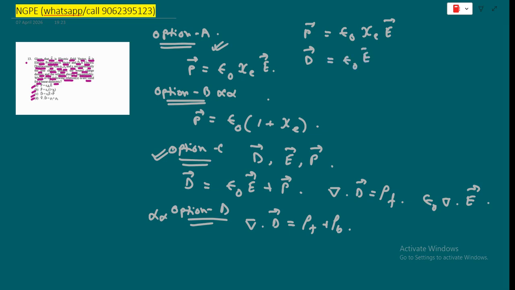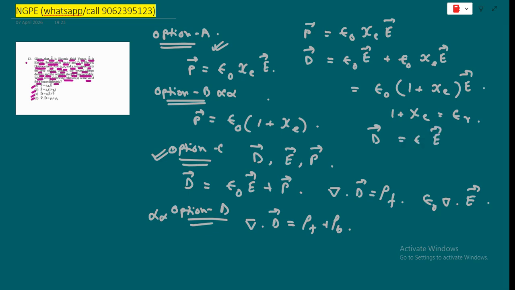Epsilon naught vector E plus epsilon naught chi E vector E, that will be equal to epsilon naught into 1 plus chi E into vector E. Since 1 plus chi E equals epsilon R, the relative permittivity, we get the famous vector D equals epsilon vector E.